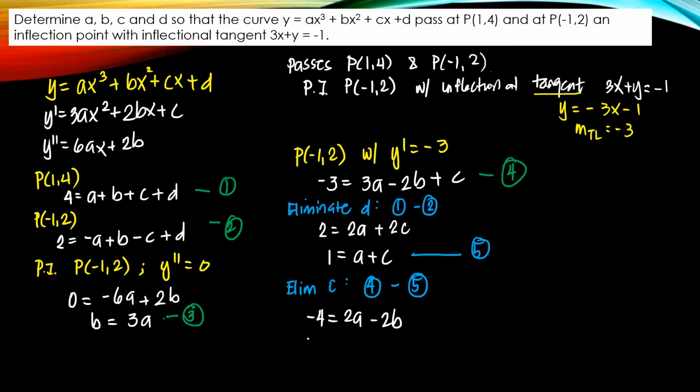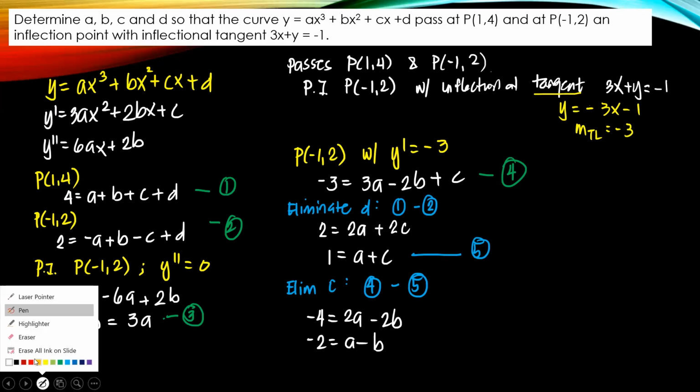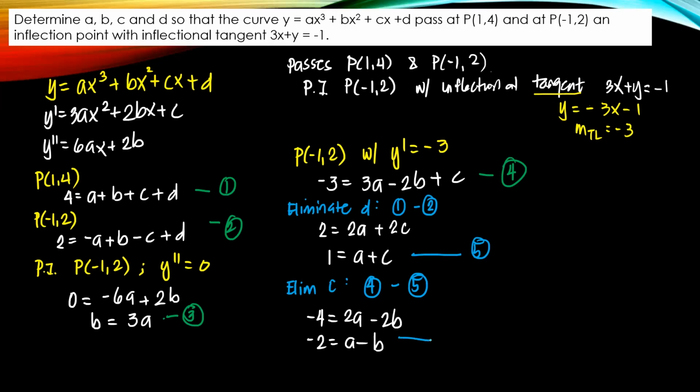So let's just call this equation number 6. It so happened that we have an equation number 3 with also the same unknowns. So combine them. Negative 2 is equal to a minus 3a. Negative 2 is negative 2a. A is 1.